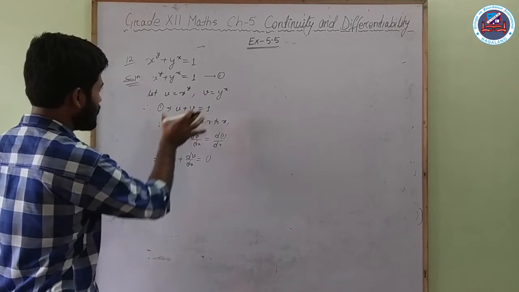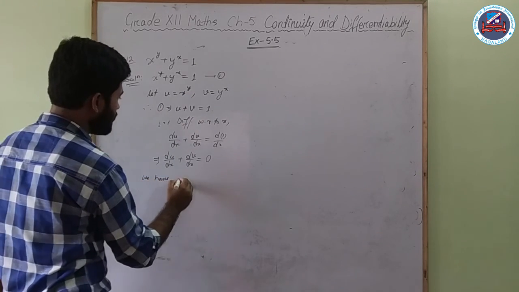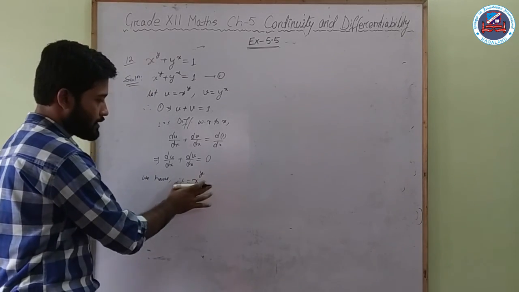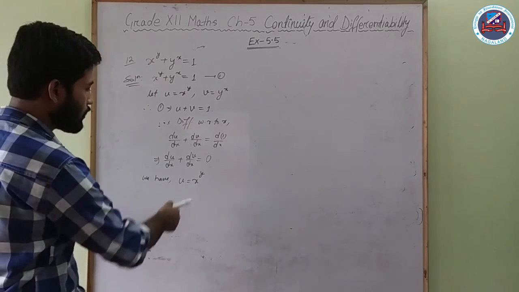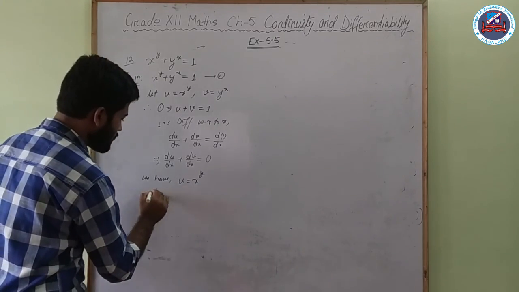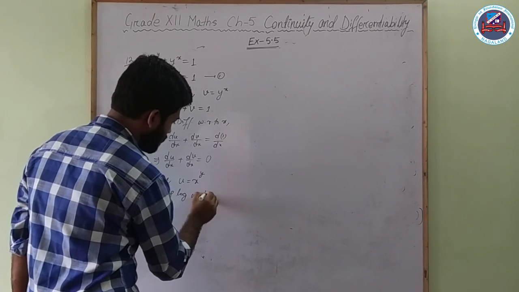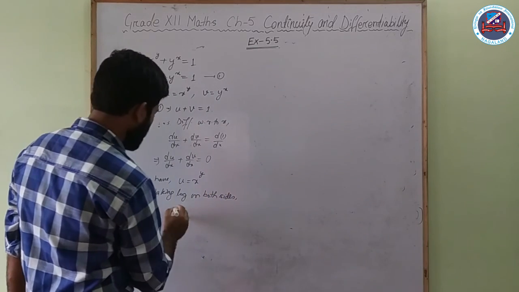So from this part we have u is equal to x to the power y. So we can see that this is clearly the function that we are discussing, so we can use the logarithmic differentiation here. So taking log on both sides, what we shall have?